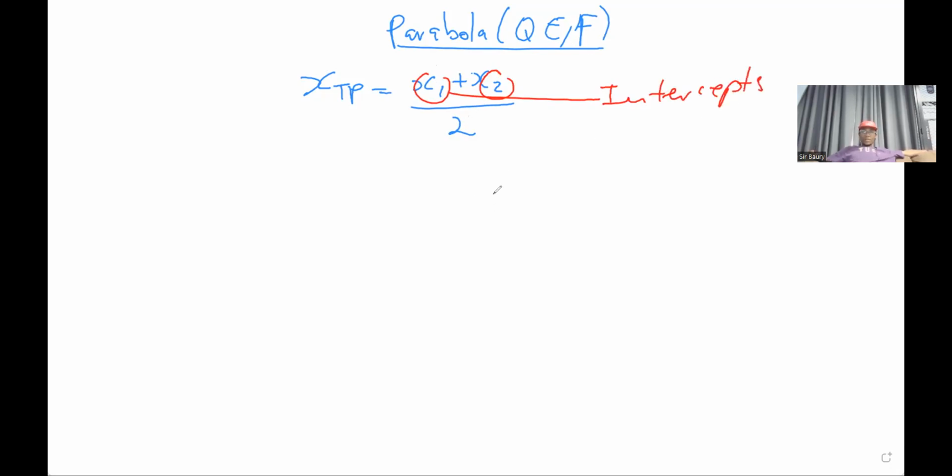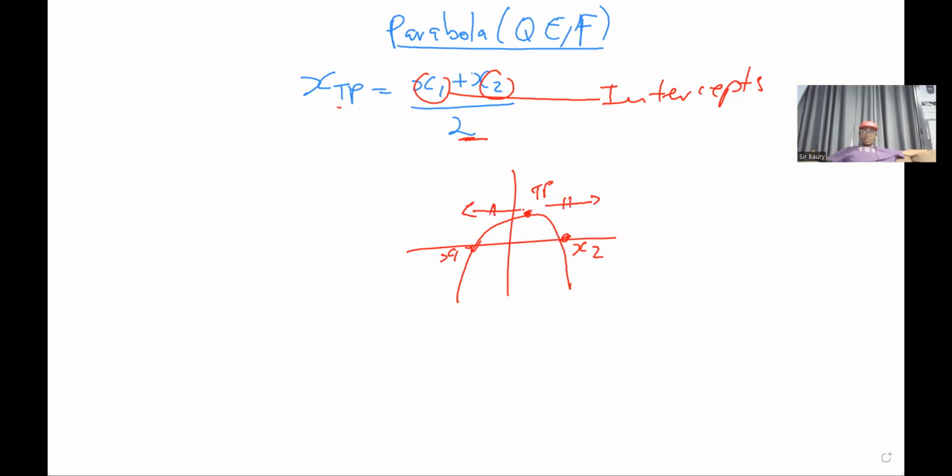Which means if you have a function like this, and this is the turning point, this is x1, this is x2. To find this, you need to use this formula to find the x value. Meaning again that the distance from the x-intercept to the midpoint is the same as the distance on the other side. They are the same.